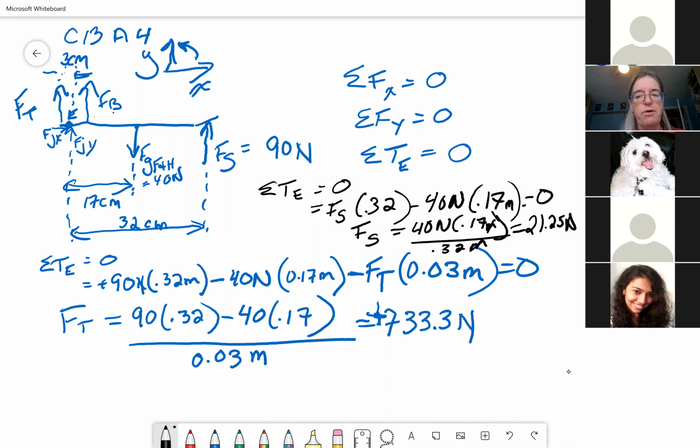If I just rested my hand on the scale, just relaxed, that is the value I would get on the scale, 21.25 newtons. If I had less than 21.25 newtons, so let's say 15 newtons, which muscle is active, the biceps or the triceps?